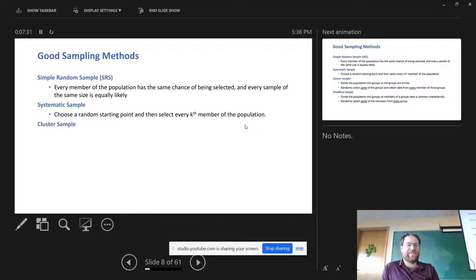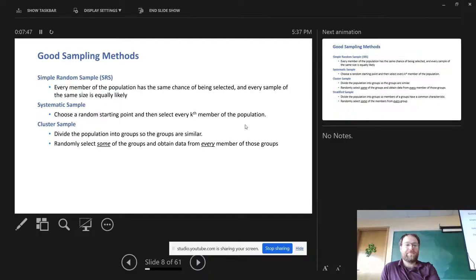Cluster sample is next. This time you're going to split the population into groups that are similar to each other, and then randomly select some of the groups to respond, but ask every member from the groups you select to answer.